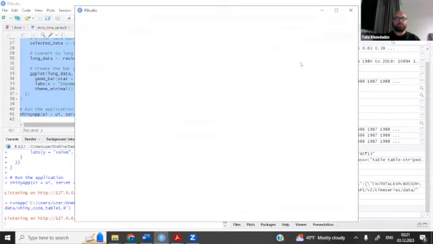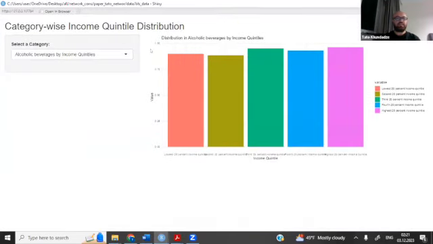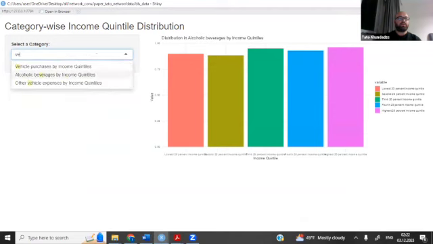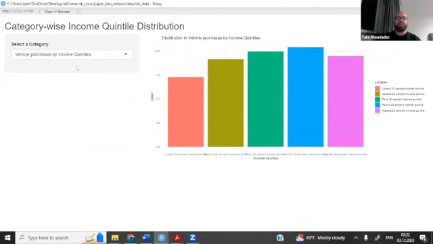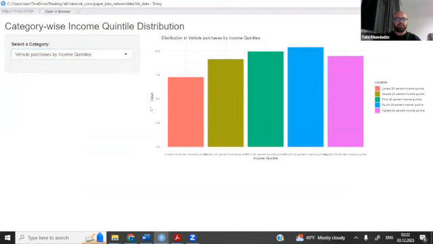I mentioned, for instance, if we choose vehicles by income quantiles, we see that as income is increasing, the share of consumption expenditure on vehicles is increasing.